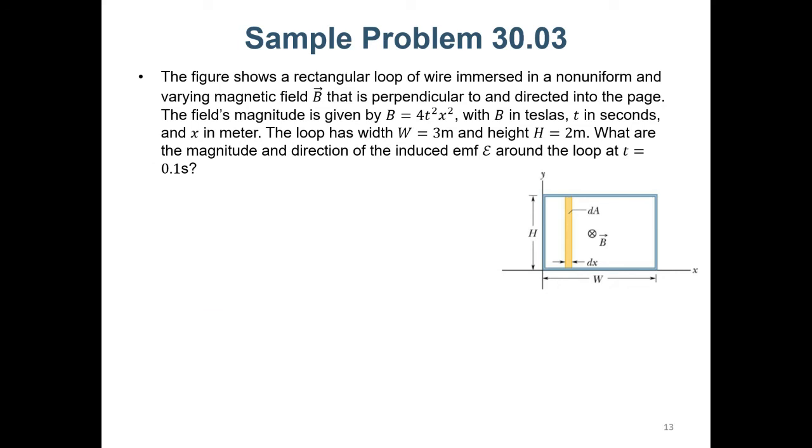So the figure shows a rectangular loop of wire immersed in a non-uniform and varying magnetic field that is perpendicular and directed into the page. The field's magnitude is given by this expression, so it is always positive.